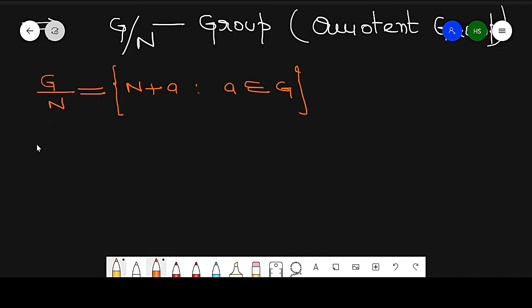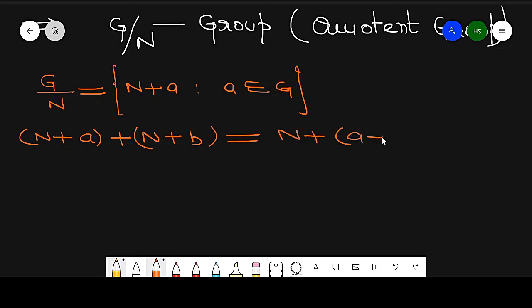What is its binary composition in addition? That is (N plus a) plus (N plus b), which can be written as N plus (a plus b). So that is the first thing to remember.